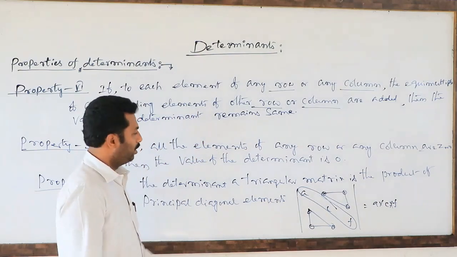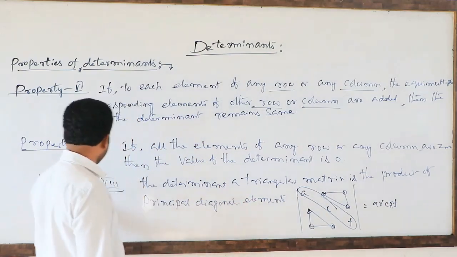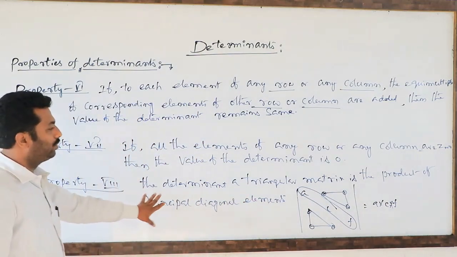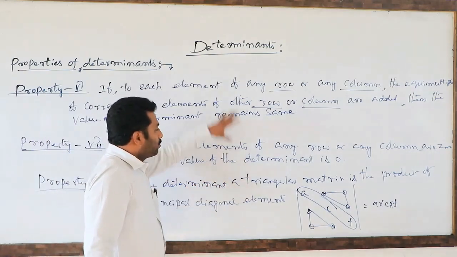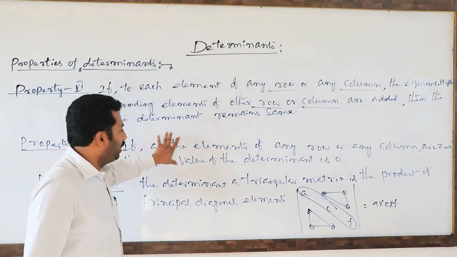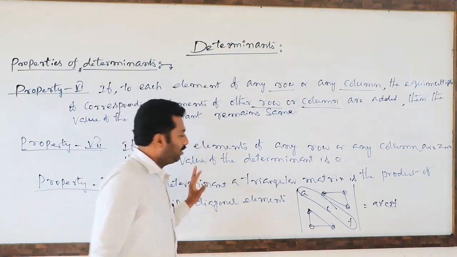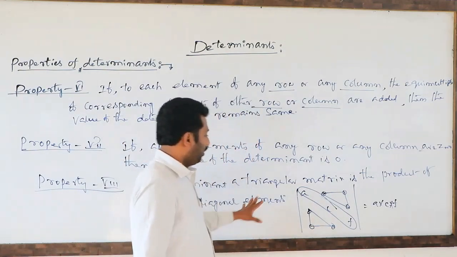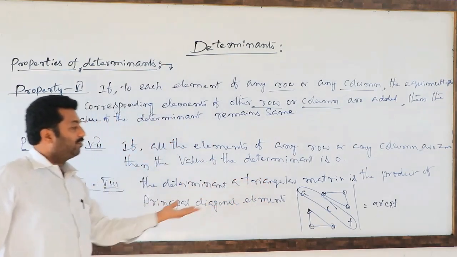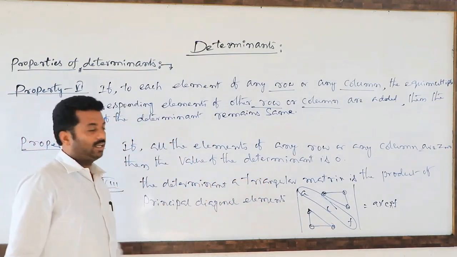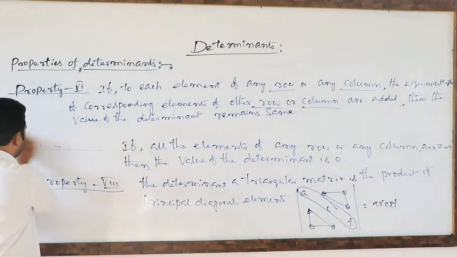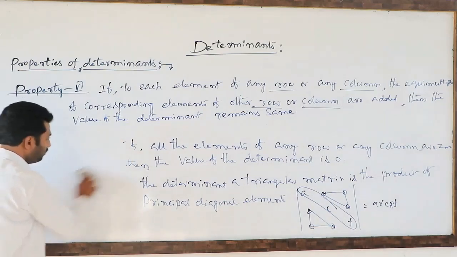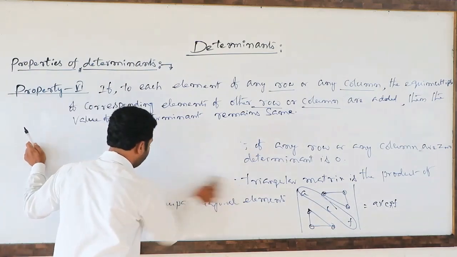You should remember this clearly. So if all the elements of any row or column are 0, the determinant is 0, and for a triangular or diagonal matrix it is the product of the principal diagonal elements.